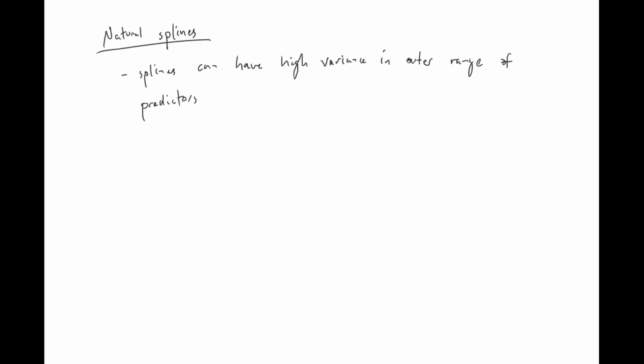And actually splines can still have this kind of artifact. And so what natural splines do, natural splines add constraints so that the function is linear at the boundaries.